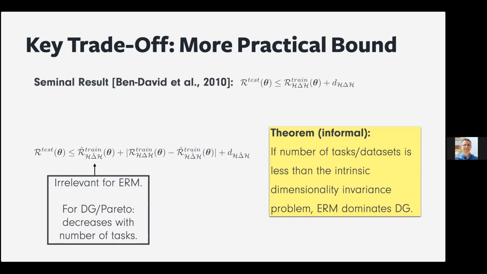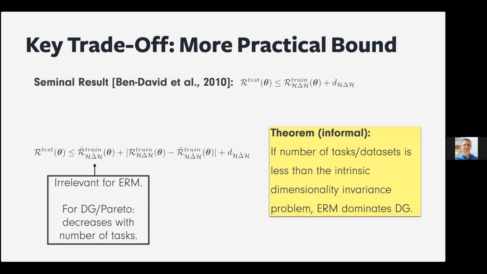A very interesting result that we can show, hopefully on arXiv in a month or so, is that the part about the error on the training data set, the test error on the meta-training data set, will dominate the other part if you don't have enough tasks. Enough means the number of tasks should be the interesting dimensionality of the invariance problem.